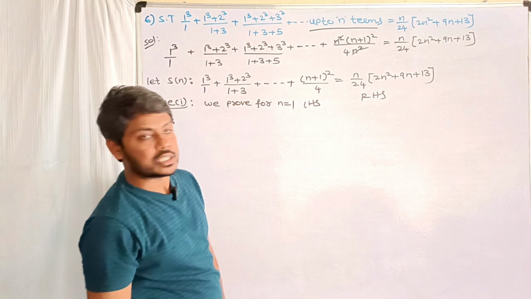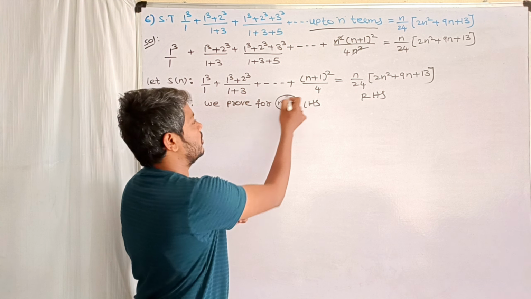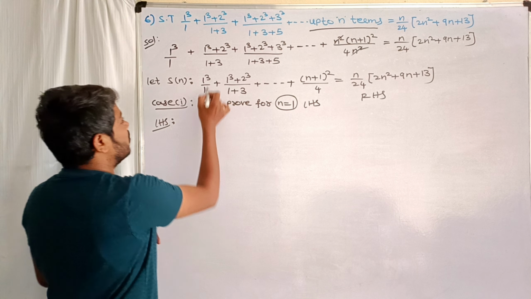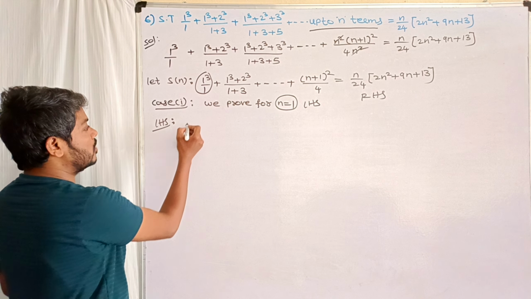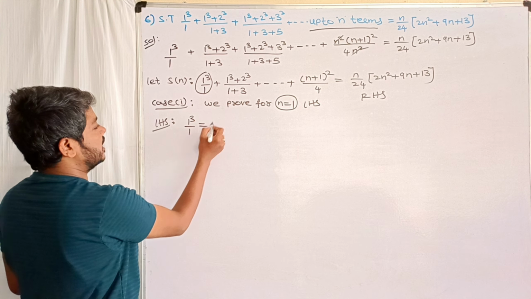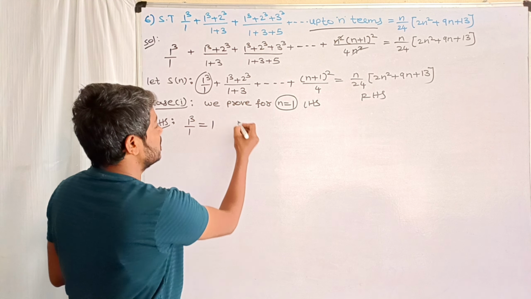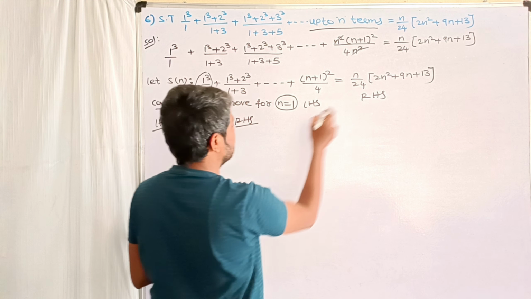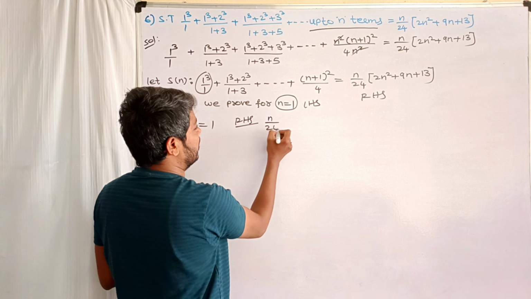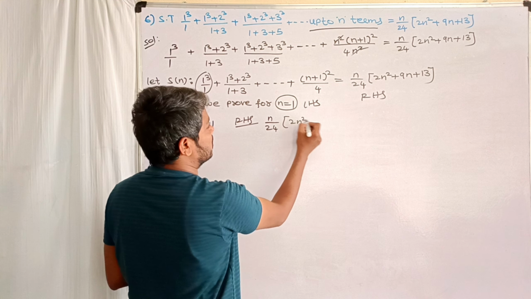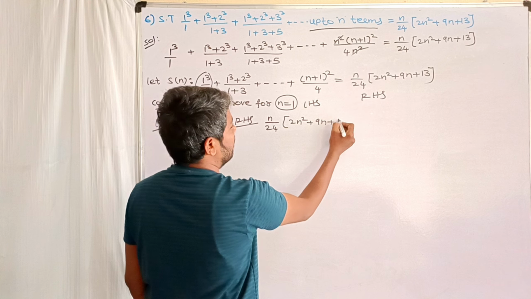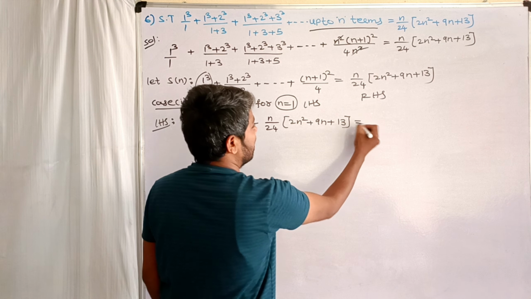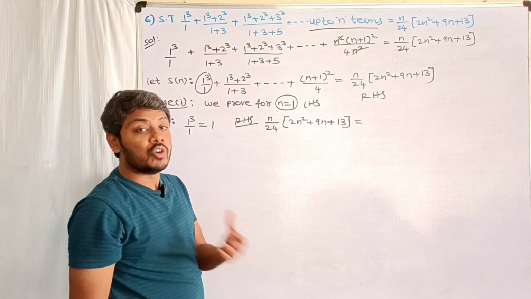So here LHS. Here n is equal to 1 means only the first term. What is the first term? 1 cube by 1. Clearly again, which is 1. So next RHS. What is RHS? This one. So write n by 24 into (2n square plus 9n plus 13). Now we can replace n by what? 1.